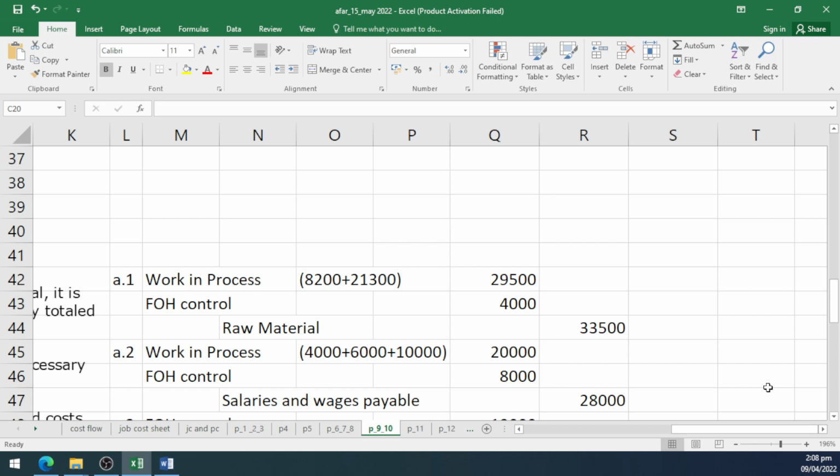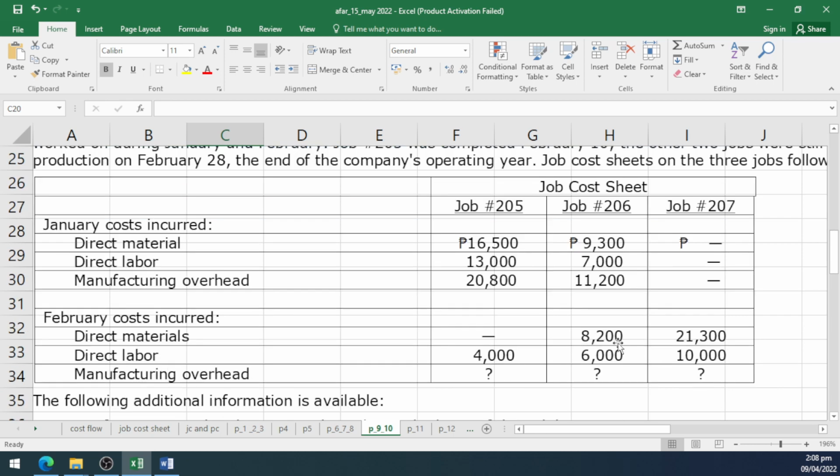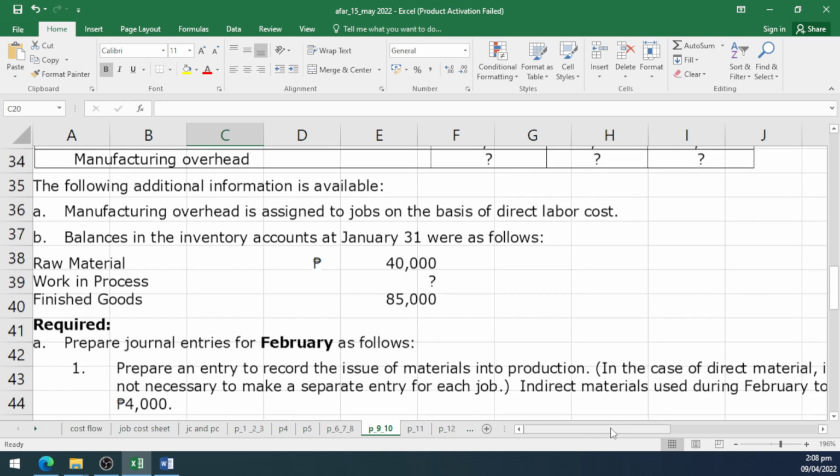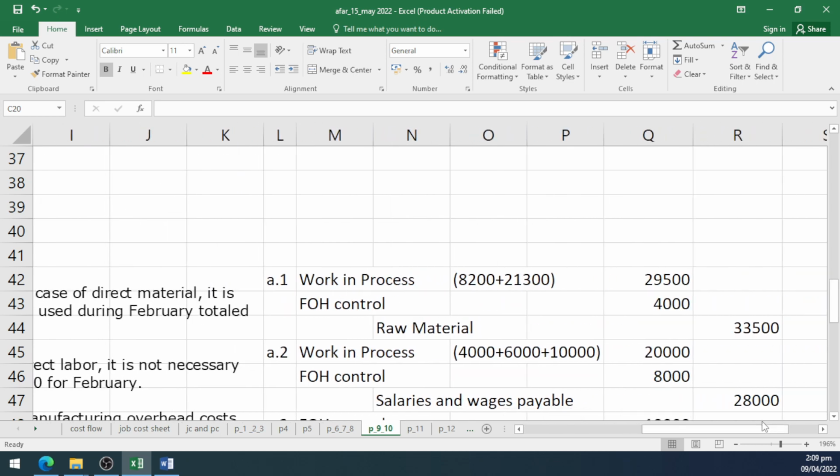In February, only jobs 206 and 207 were issued materials. 205 no longer required materials, meaning it is complete as to materials. These are 8,2 and 21,300. So, debit to work in process, that is 29,500. Then, for the indirect material of 4,000, debit to factory overhead control, 4,000. And of course, a credit to raw materials for 33,500.